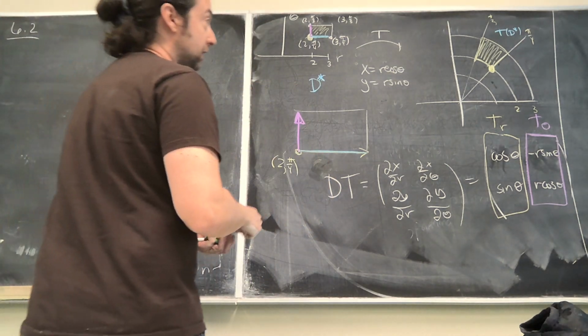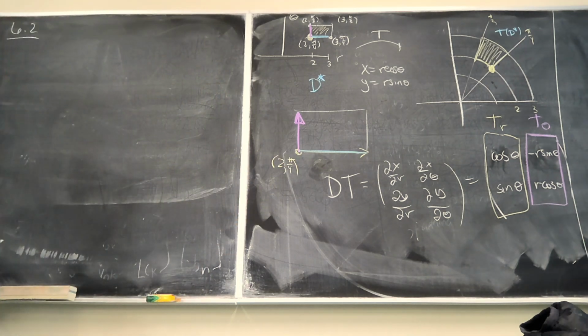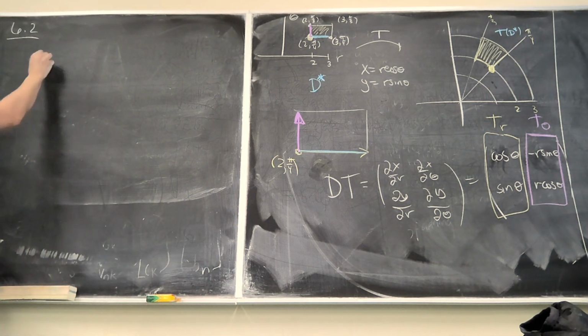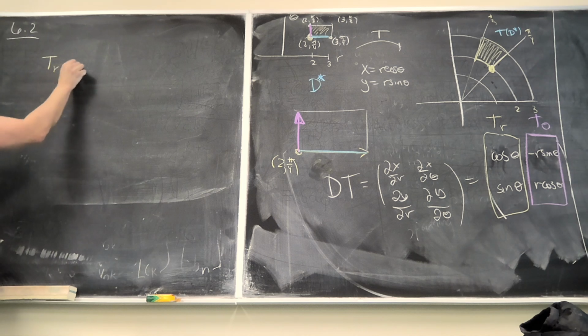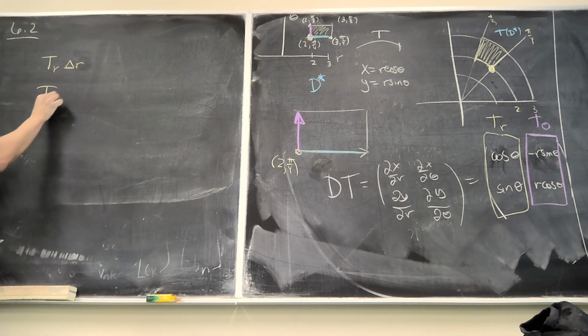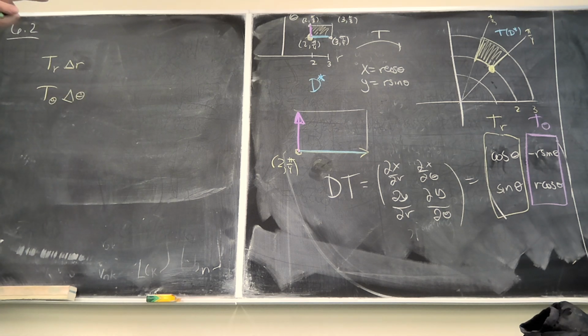So specifically, the rectangle I'm going to build looks like this. I want to calculate T_r delta r, not delta u in this case, and T_theta delta theta. Those are vectors. I want to calculate them and then draw them in the picture over there to see what they look like.